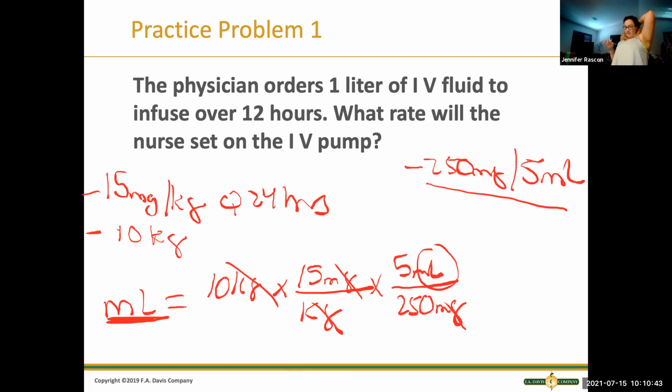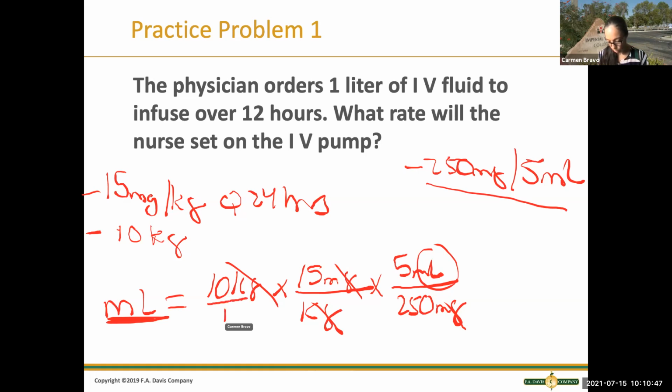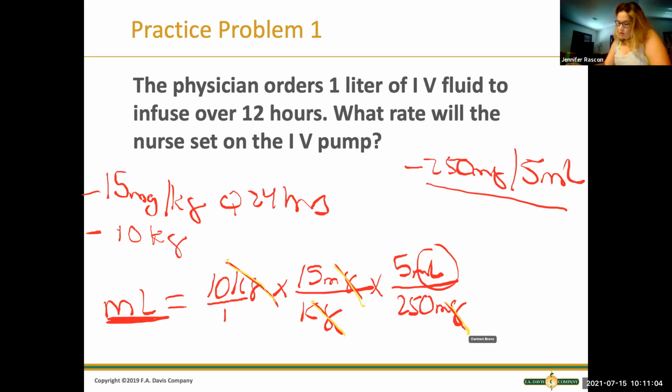So remember that right here we have that imaginary one. They're opposite, kilograms. Weight first, then dosage required. Okay, and then it's 5 mLs. Cancel out.